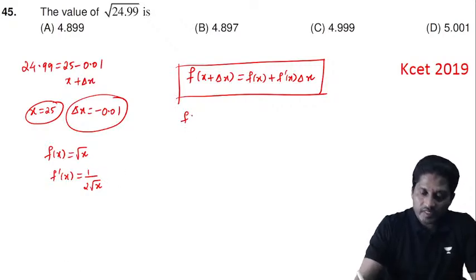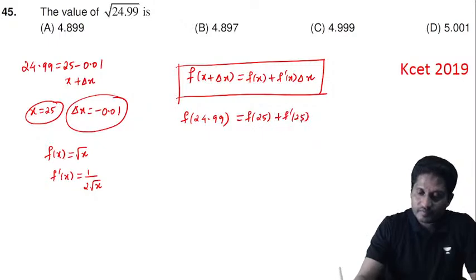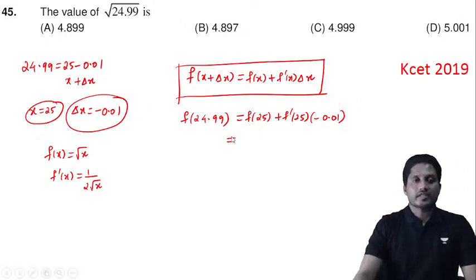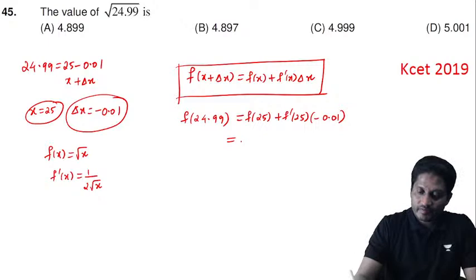f of x plus delta x, that is root of 24.99, is equal to f of 25 plus f dash of 25 into minus 0.01. Okay, f of x is equal to root x. f of 25 will be equal to root of 25. f dash of 25 will be 1 by 2 root of 25 into 0.01.